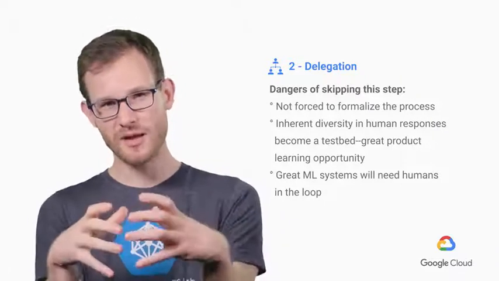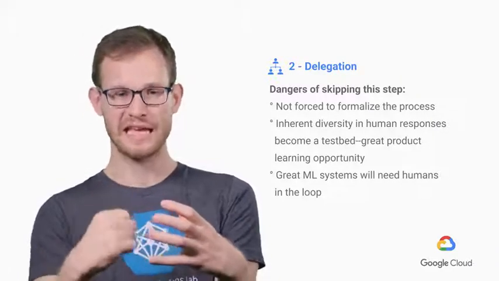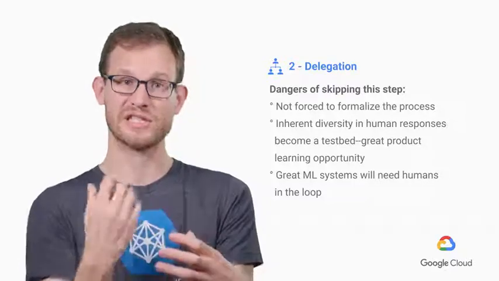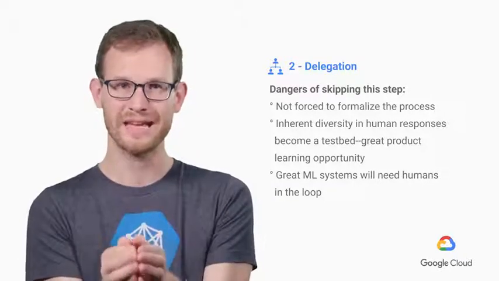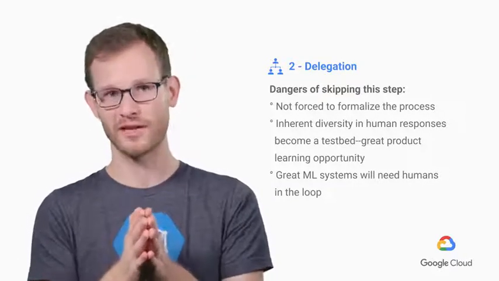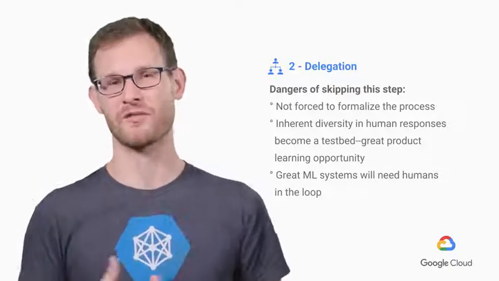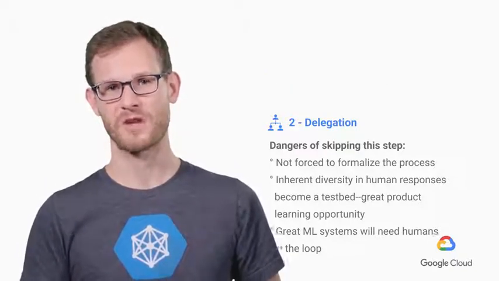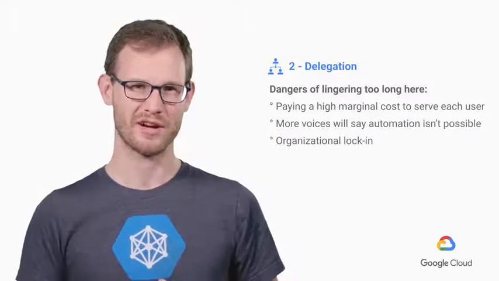And you should think about ML as a way to expand the impact, or to scale the impact, of your people, not as a way of completely removing them, because that's a very high bar for an ML system to meet. What are the dangers of lingering too long here?